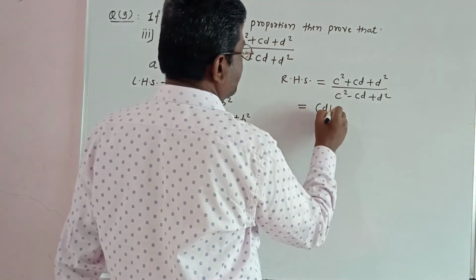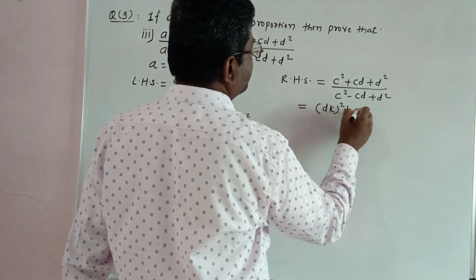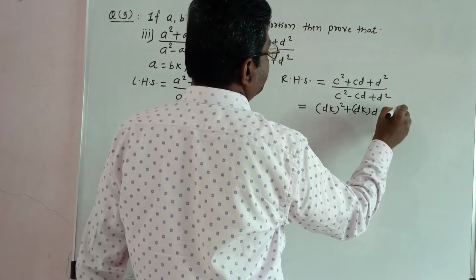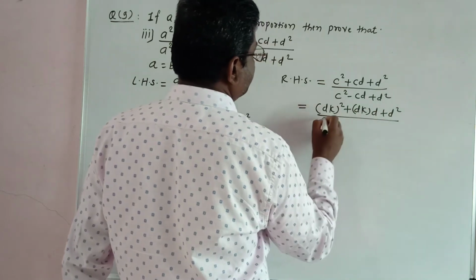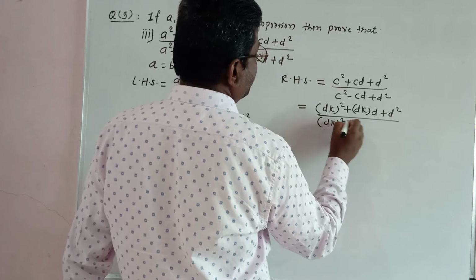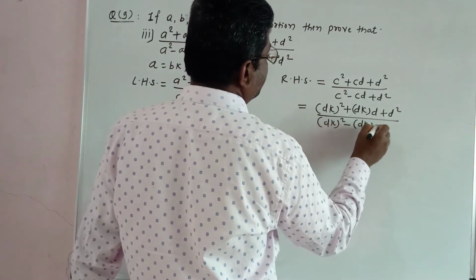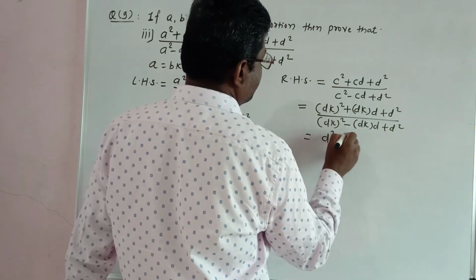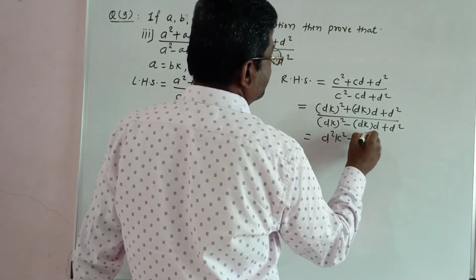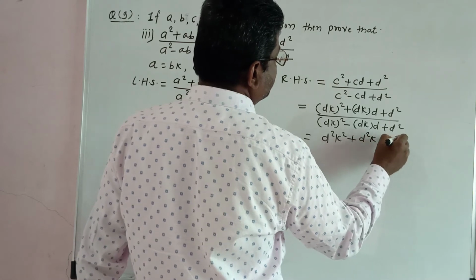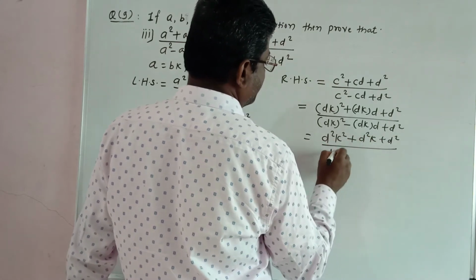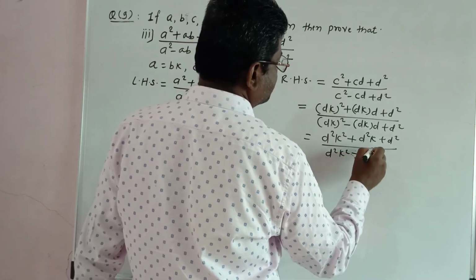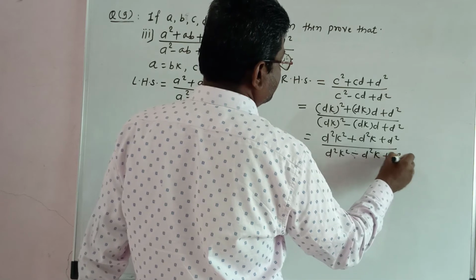Therefore we write dk bracket square plus dk into d plus d square upon dk bracket square minus dk into d plus d square is equal to d square k square plus d square k plus d square upon d square k square minus d square k plus d square.